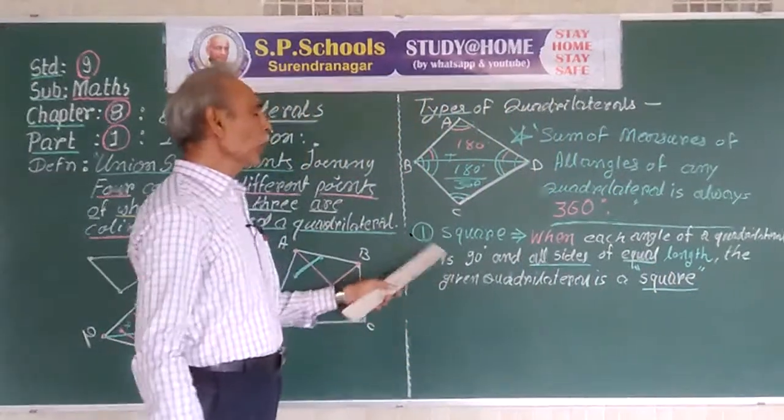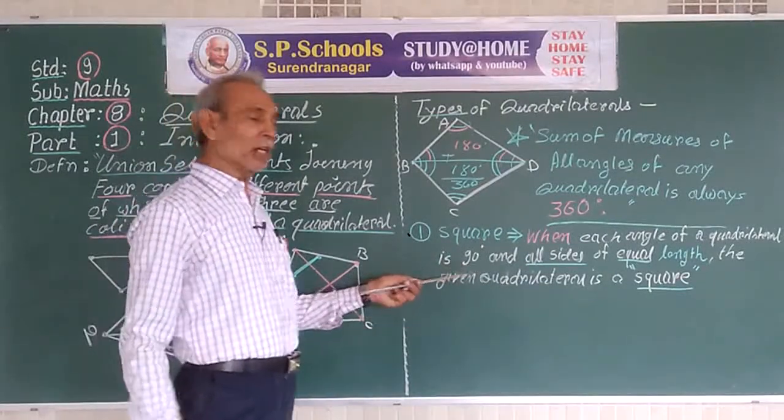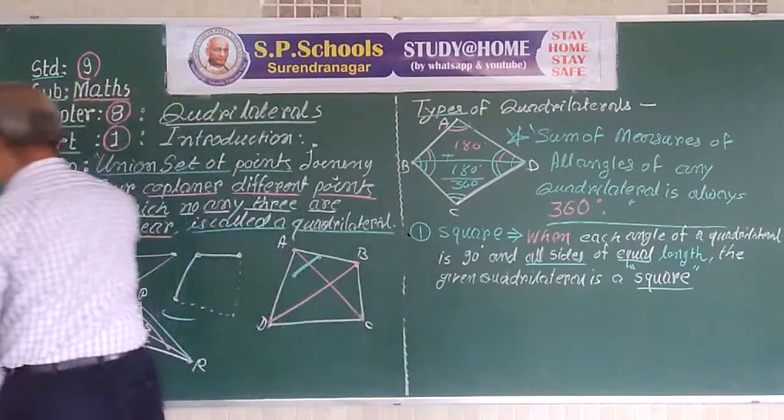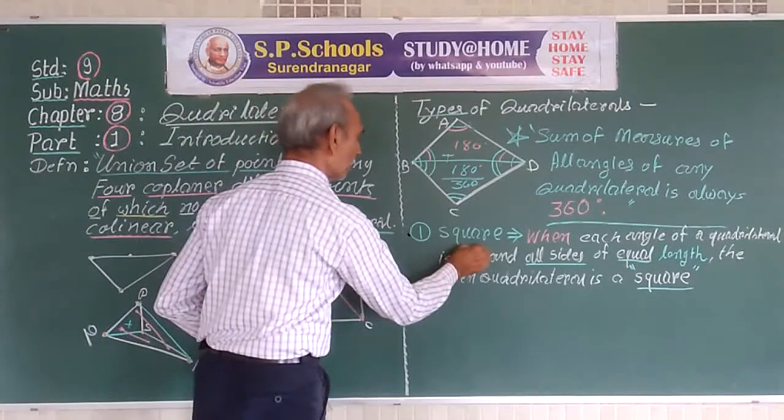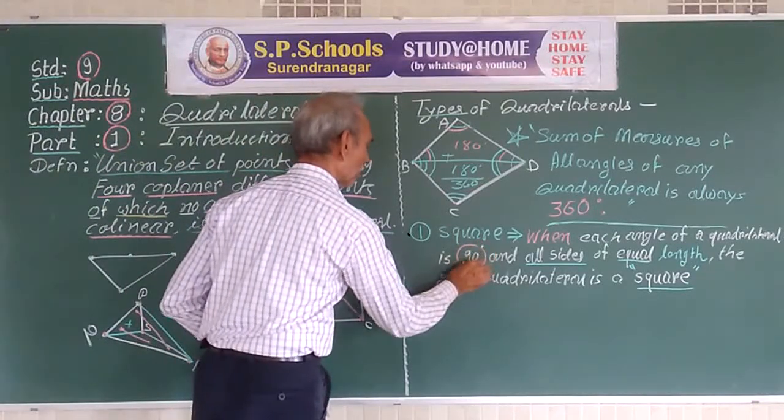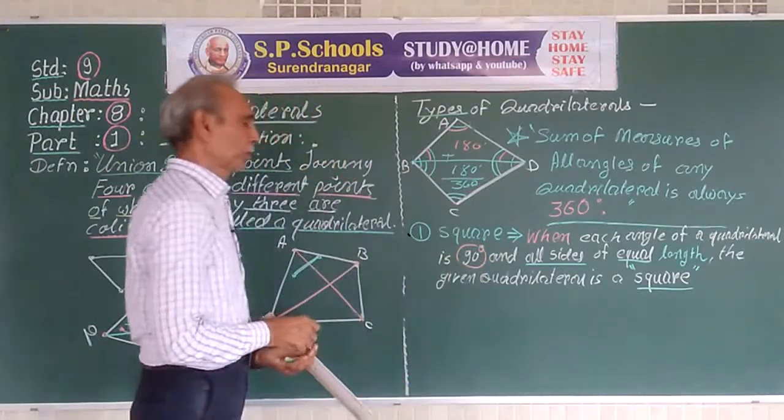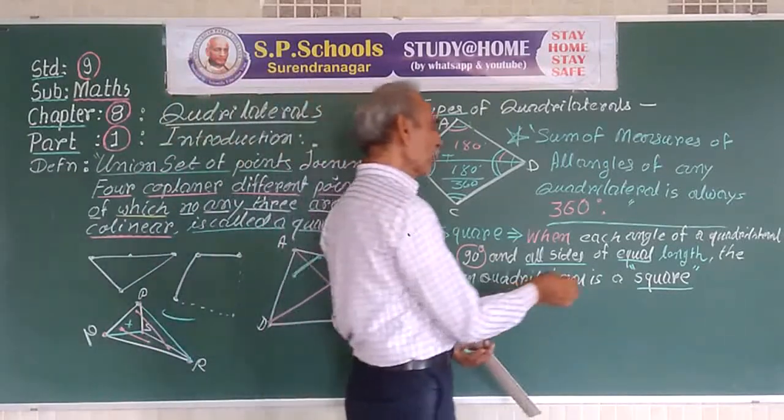For a quadrilateral to be a square, each angle should be of 90 degrees, and all sides equal.